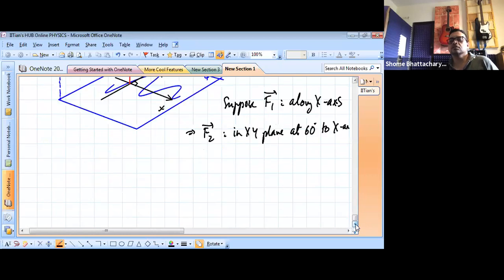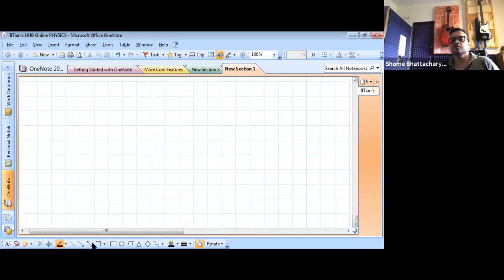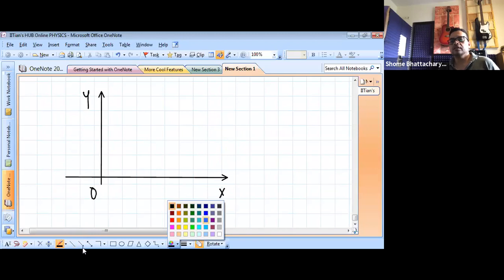So if we straight away look into the XY plane, in that diagram we can understand how F1 and F2 are looking like vectors. And we don't need to see the Z axis in this diagram because we're only looking at these two forces F1 and F2. In this, if F1 is like this, that is along the positive X axis.